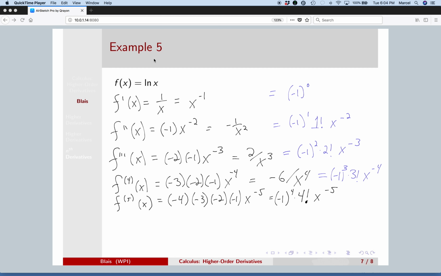We could say 0 factorial. Remember, by definition, 0 factorial is 1. And we actually can identify the pattern here from this. We can say this tells us the nth derivative of f, and see if you can just generalize what we did. So here, n was 5, and we had a 4 factorial. Well, if n is 5, 4 is n minus 1.